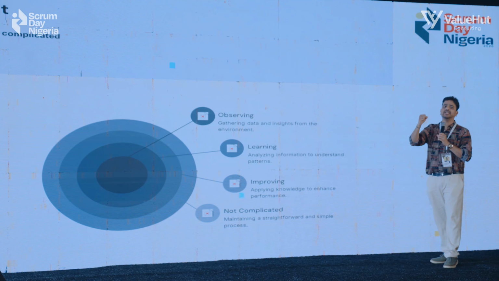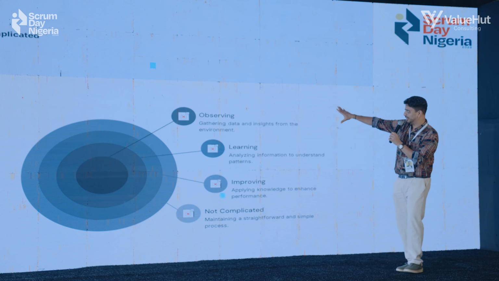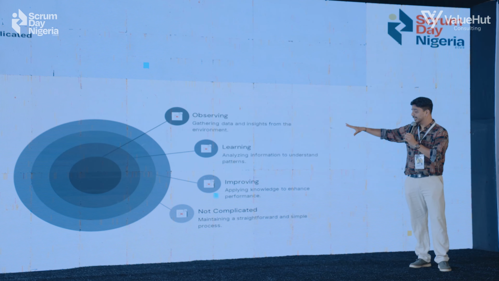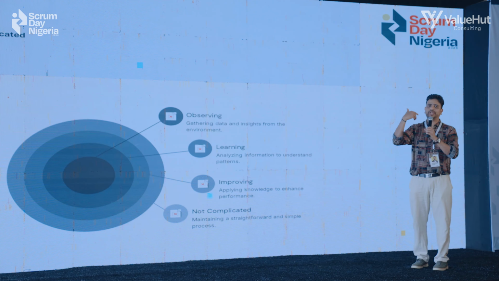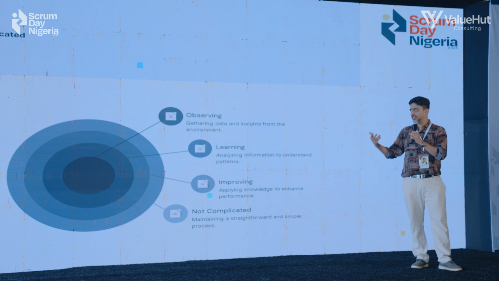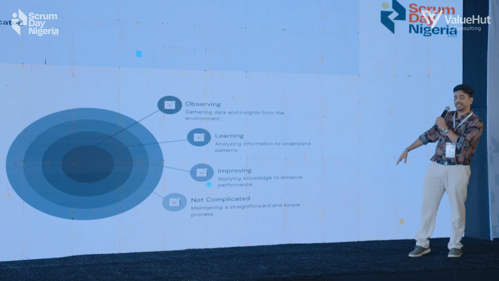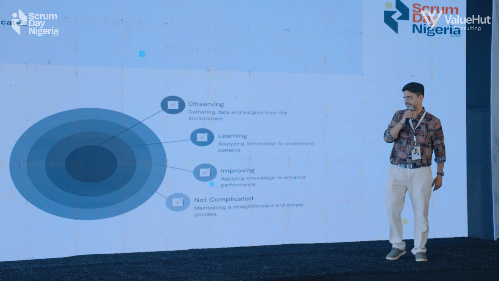But at the heart of data science, we are actually doing these 4 things: observing, gathering data, learning how to make better inferences, improving what we can do better next time to ensure our decisions are better, and, last but not least, making sure that we are maintaining a straightforward and simple process.